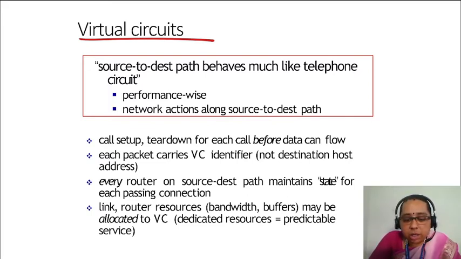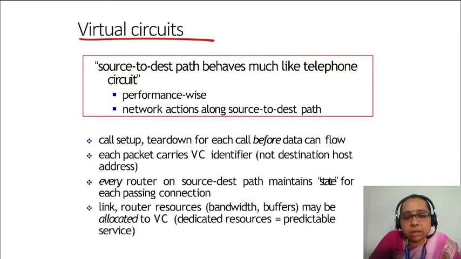For initiating a virtual circuit we need call setup and tear down for each call before data can flow. Each packet carries a virtual circuit identifier, which is not a destination host address, and every router on the source to destination path maintains state for each passing connection.